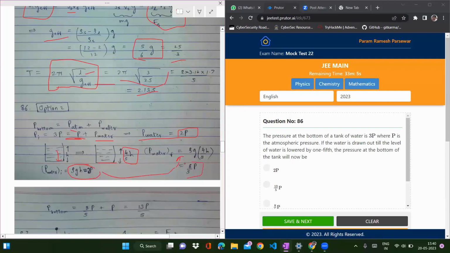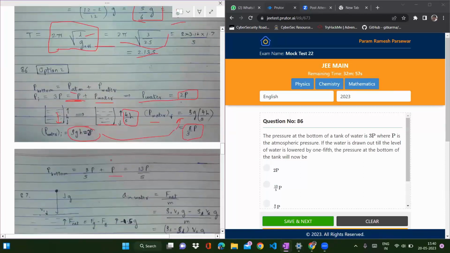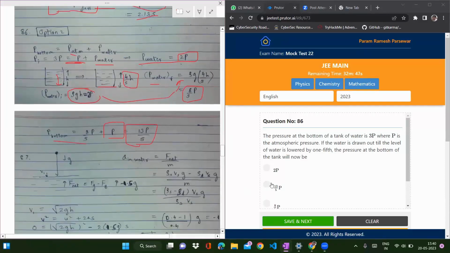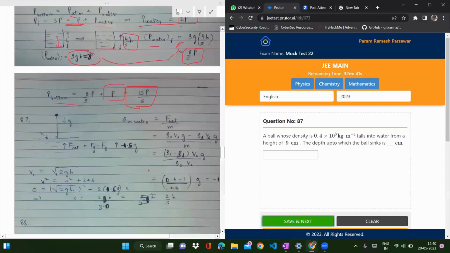So the new pressure just due to the water at the bottom will be 8p by 5, which was initially 2p, and we will add the atmospheric pressure p to that: 8p by 5 plus p, that is 13p by 5, the total pressure due to the atmosphere and the water at the bottom after that change. So the answer is option 2.